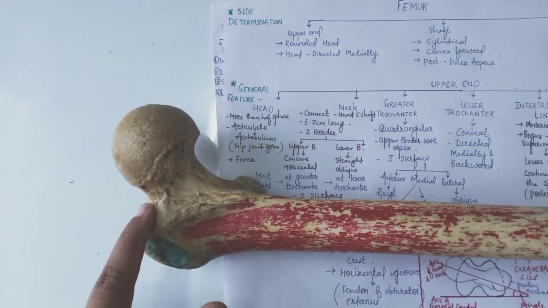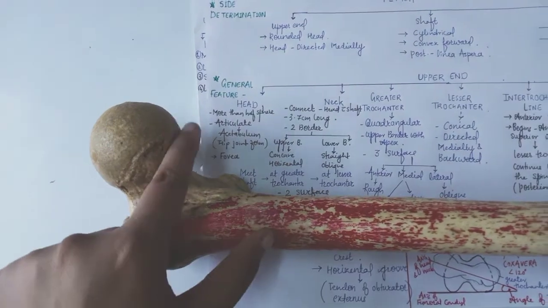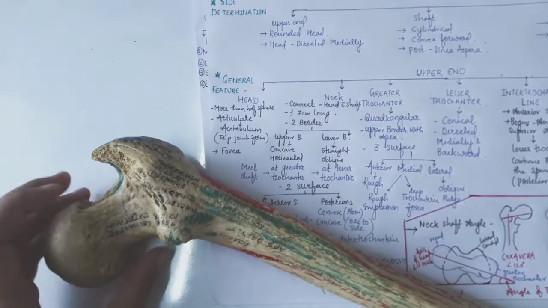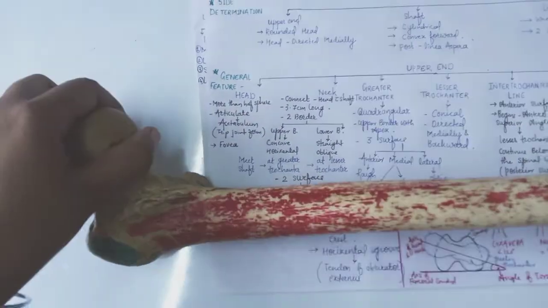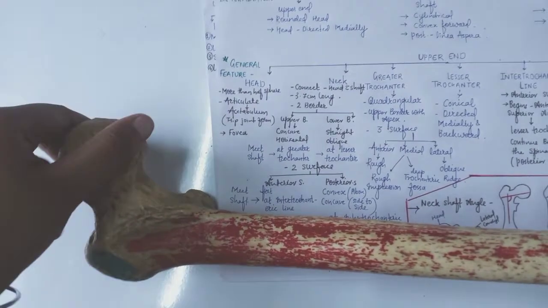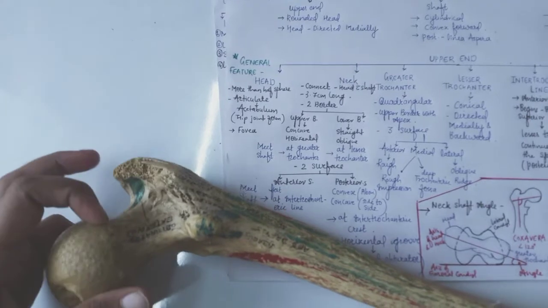The upper border meets the shaft at the greater trochanter. The lower border meets the shaft at the lesser trochanter. Then two surfaces. This one is the posterior surface and this one is the anterior surface. The anterior surface is flat and the posterior surface is convex and concave side by side.